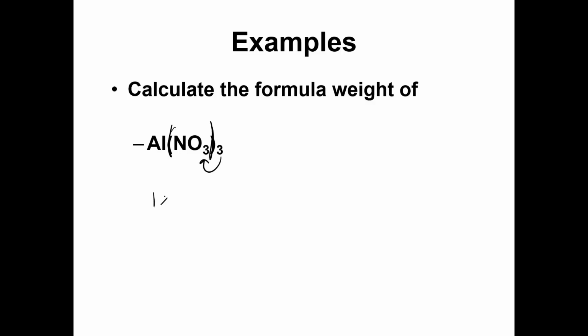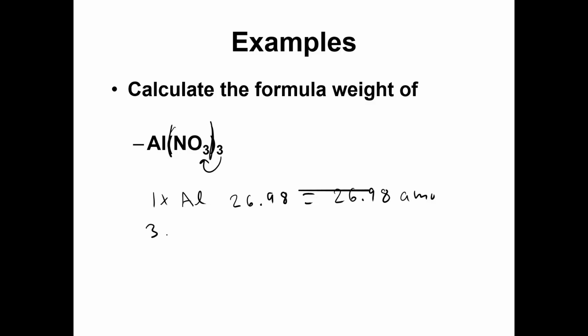So we have 1 times aluminum, which is equal to 26.98 AMU. And every now and then I get a glitch, even on a $300 fancy tablet.